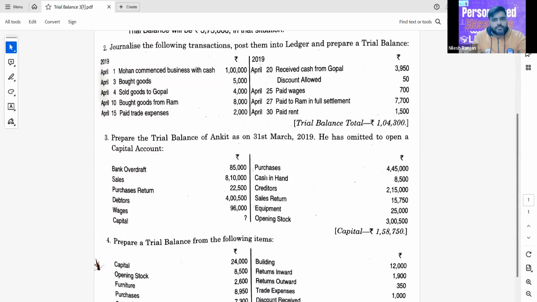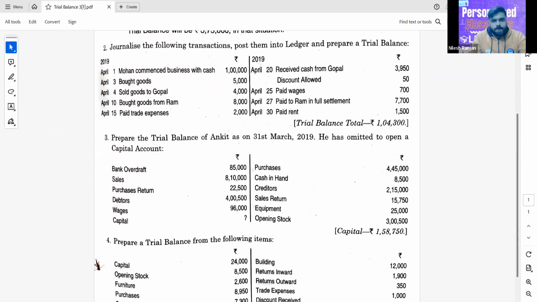First one is April 1. It's cash account to capital account. Then second one is April 3, purchase account to cash account, right? Purchase account debit to cash account. Yes, debit to cash account.